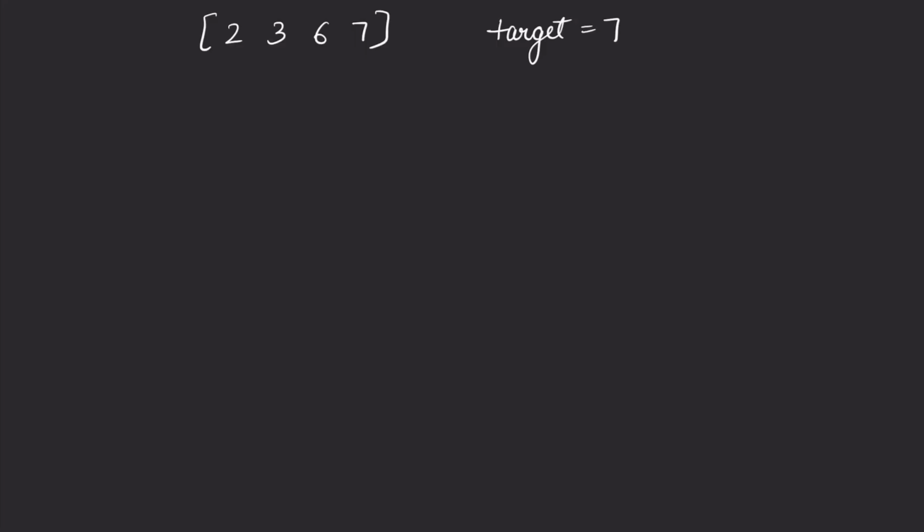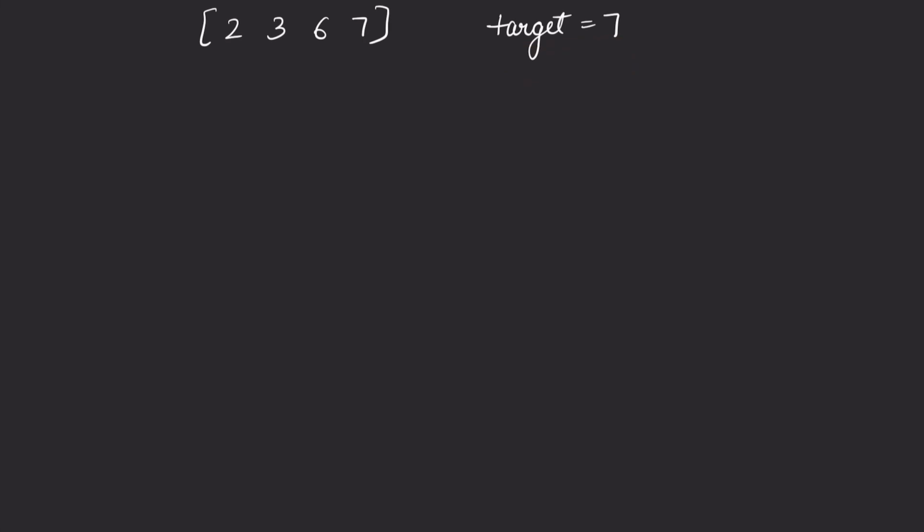So what they are saying is that in the input, we are given an array of integers where all the elements are distinct and we are given an integer target. Now what we need to do is find a list of all unique combinations of the elements of this array where the sum of the numbers in each combination equals the target, right?